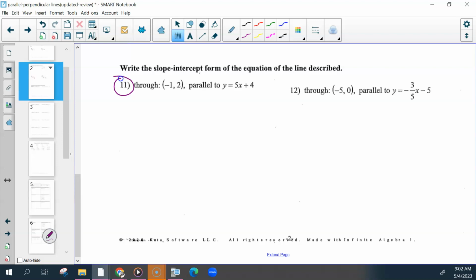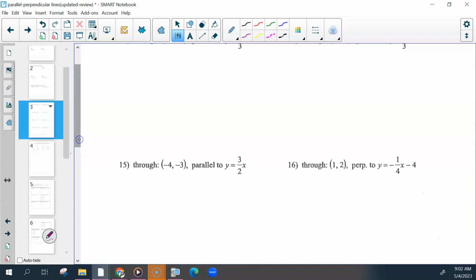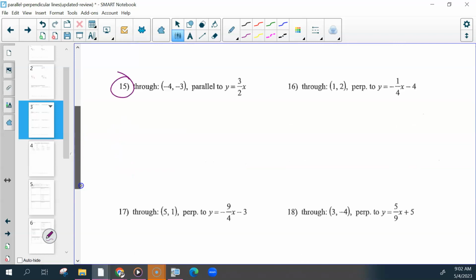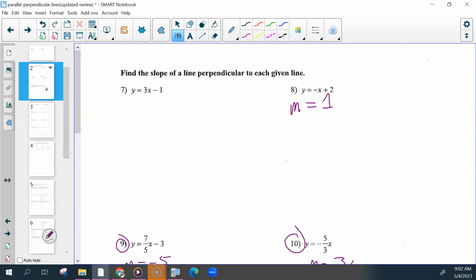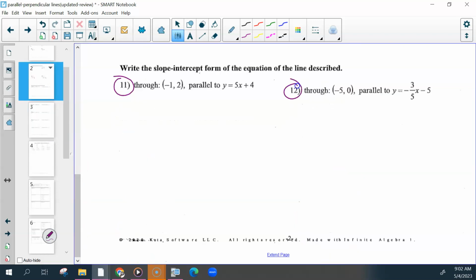Look at all of them because some are parallel, some are perpendicular, some have different equations. 15. We have 11, we have 15. Dylan? 11, 15, 17. Any others in that section? Right. We'll start with those. If you come across any others, we'll come back.